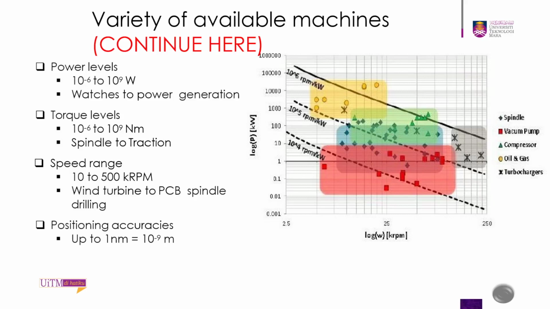We need a very precise positioning of the motor, and we use a motor that can move very small lengths. Okay, and there is a graph there, which is the power versus the rotational speed, RPM, revolutions per minute.